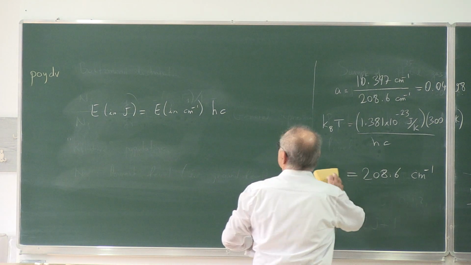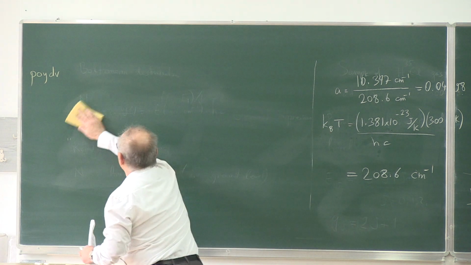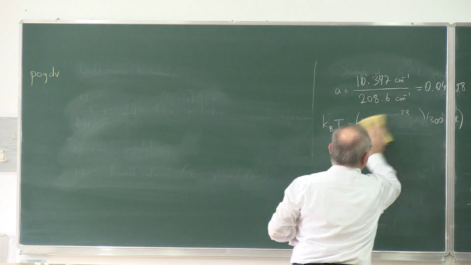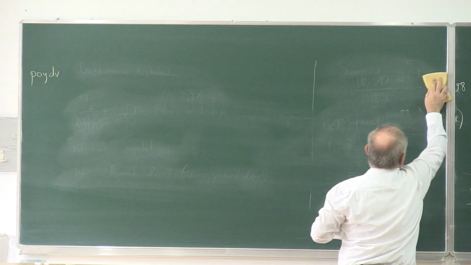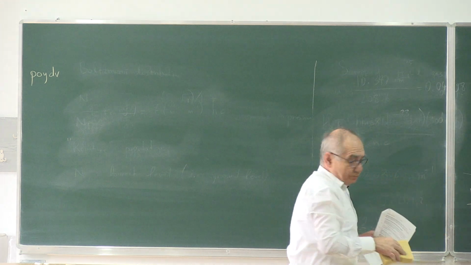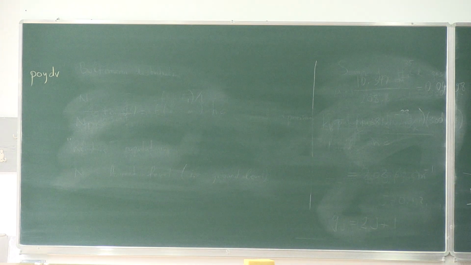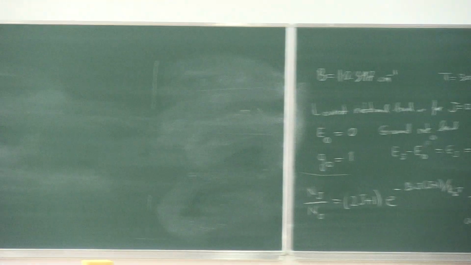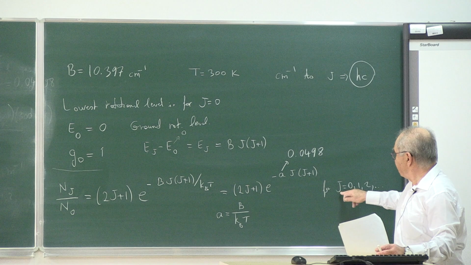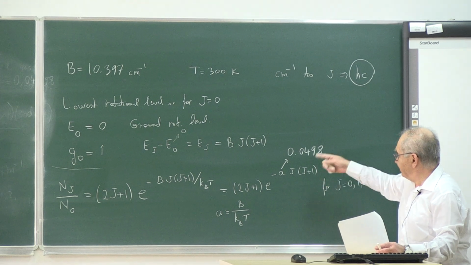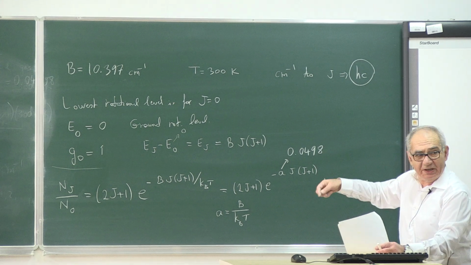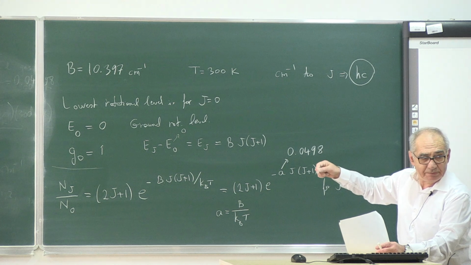Now, in this expression, everything is fixed now. So we just do the calculation for each value of J quantum number.